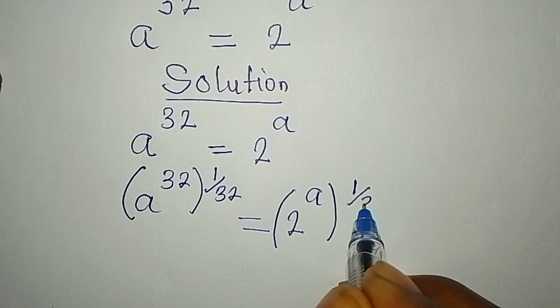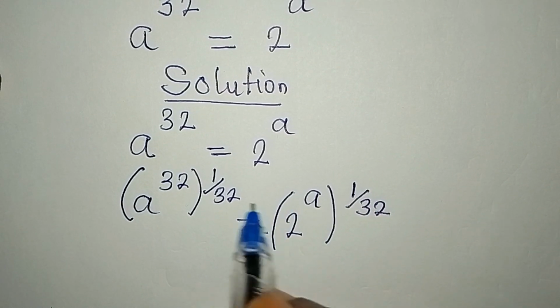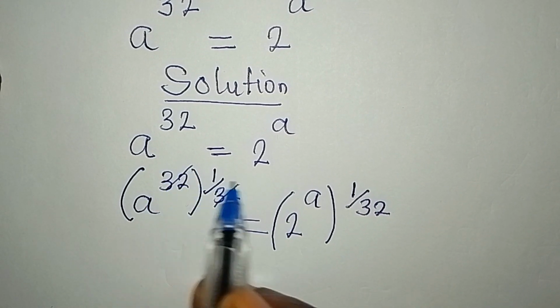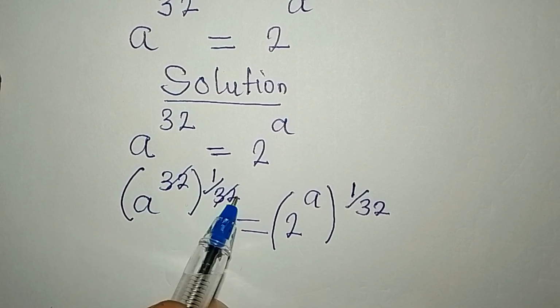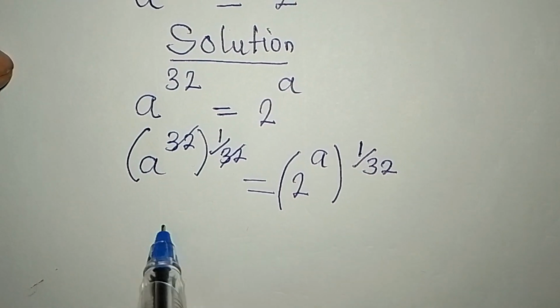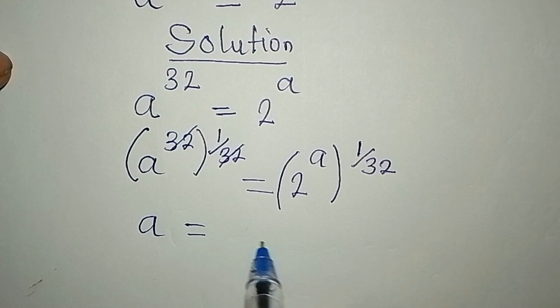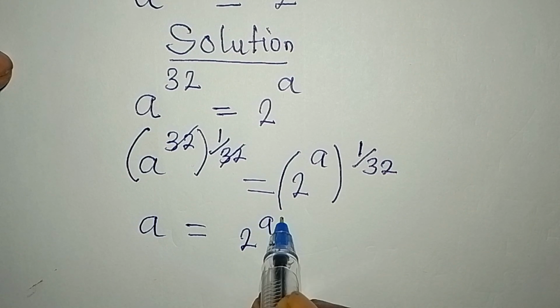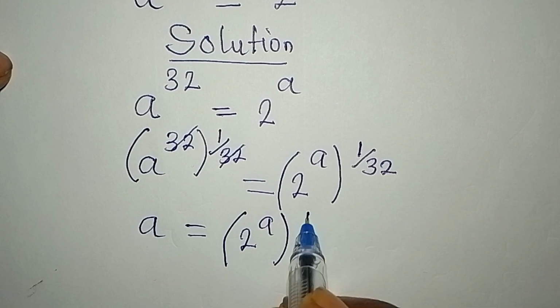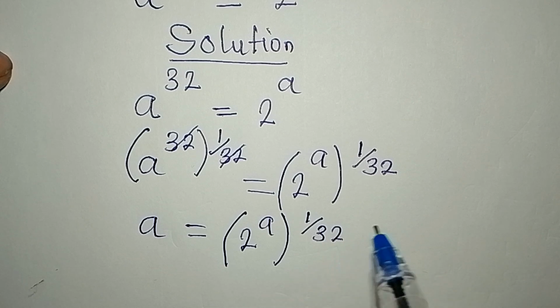So we have 1 over 32. But 32 will cancel itself from here since we have to multiply the two powers. Now, a is equal to 2 to the power of a to the power of 1 over 32.